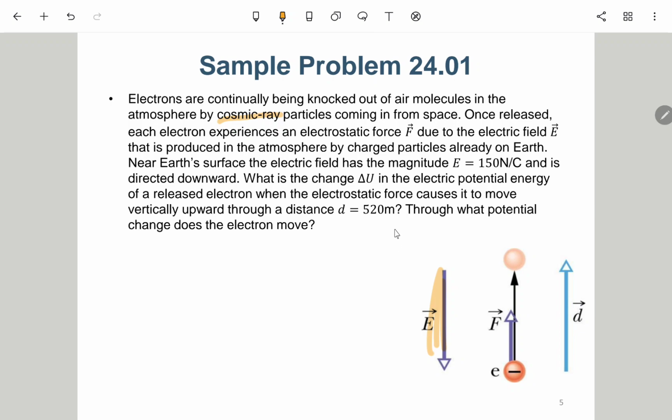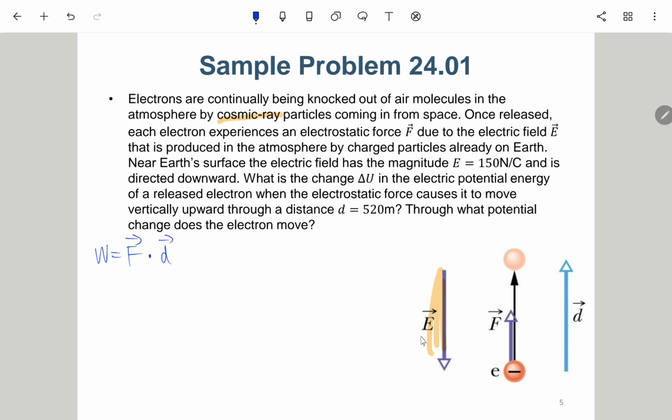Okay, so this is pretty easy. So the work done will be nothing but F dotted with the displacement. Okay, F dotted with the displacement. Okay, so suppose this is an electron which is a negative charge and then the E field is pointing downwards.